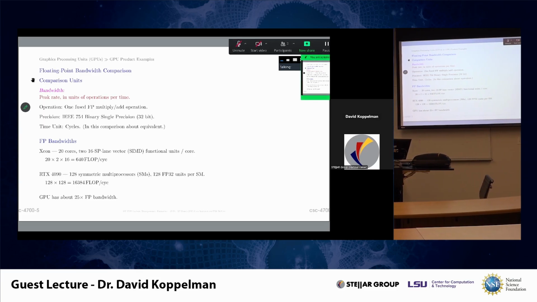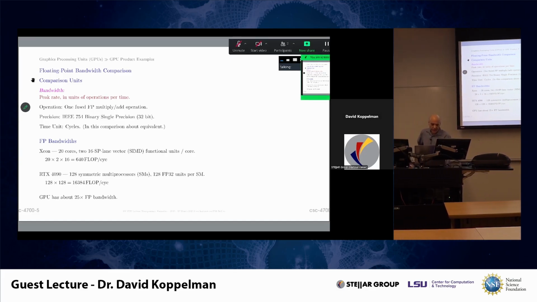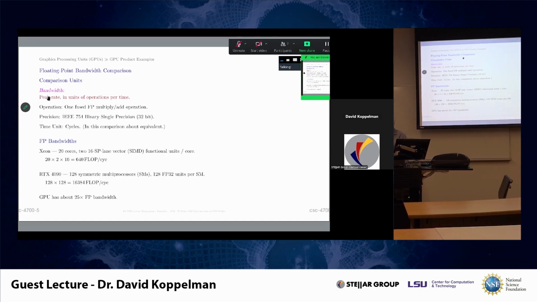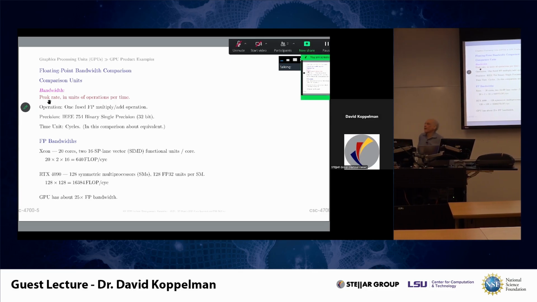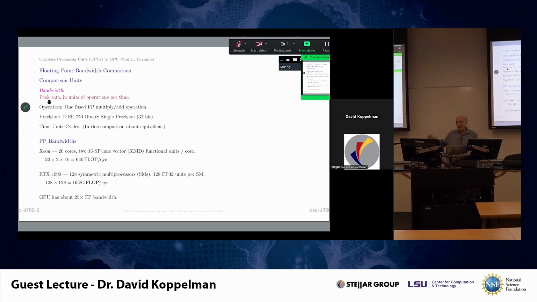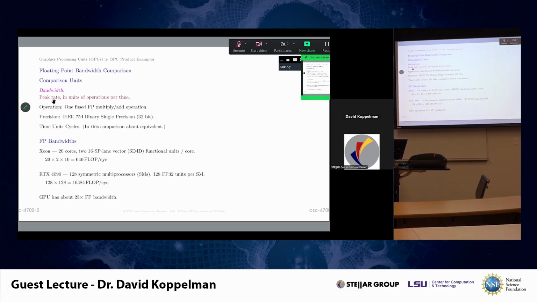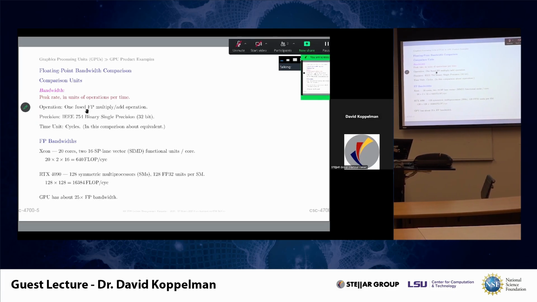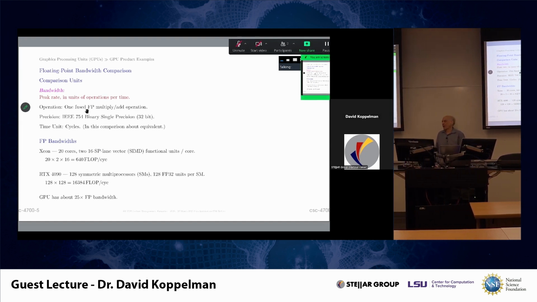So the first way to compare them is floating point bandwidth. When I use the term bandwidth, I'm talking about the peak rate of something, so operations per unit time. For floating point bandwidth, the operation is going to be a fused multiply add operation.